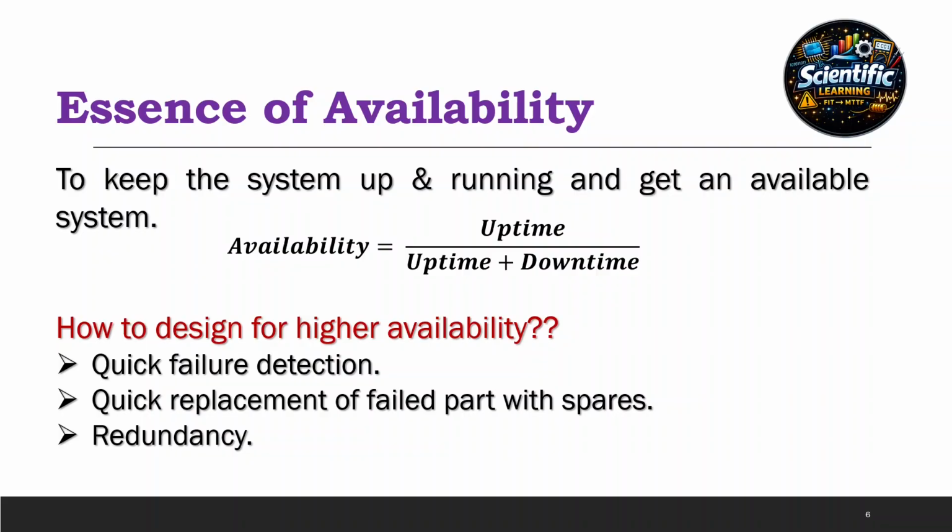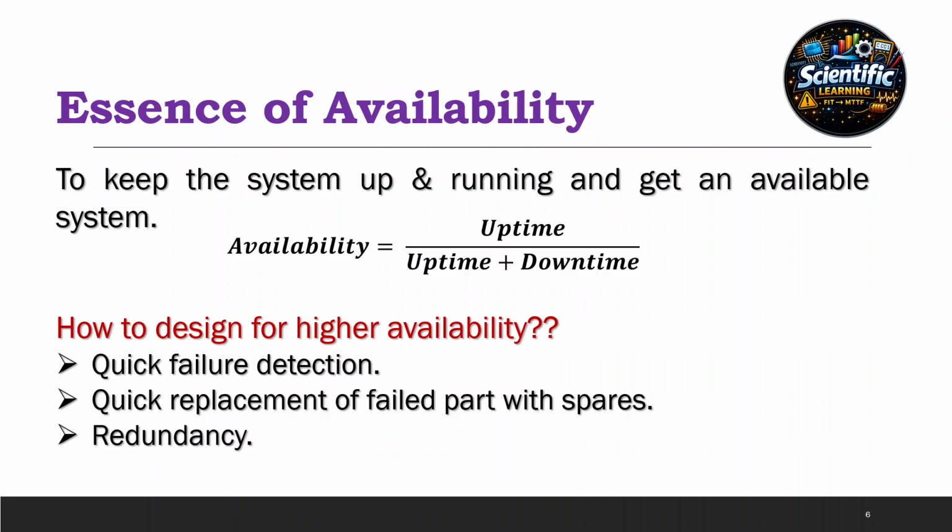By modular design, I mean, for example, in the case of embedded systems, you have a separate power supply unit as a module, a separate logic unit as a module, so that failure detection becomes easier and even replacement becomes easier. Now both of these factors, that is quick detection and quick replacement, will reduce the downtime of the system, thereby enhancing availability.